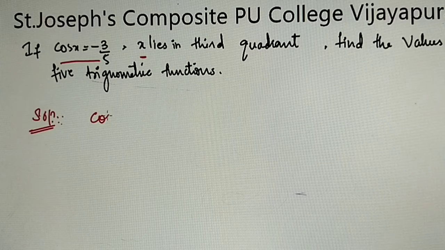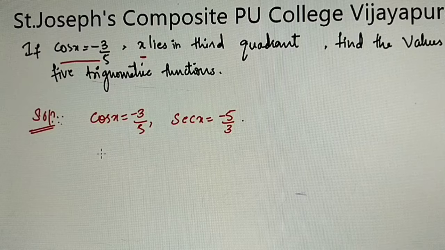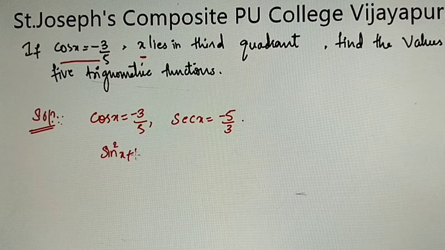Here cos x is equal to minus 3 by 5 and we know sec x is the reciprocal of cos x. So sec x becomes minus 5 by 3 here. Next we have to calculate the sin x, cosec x, tan x and cot x values. We know the relationship between sin x and cos x, that is sin square x plus cos square x is equal to 1.